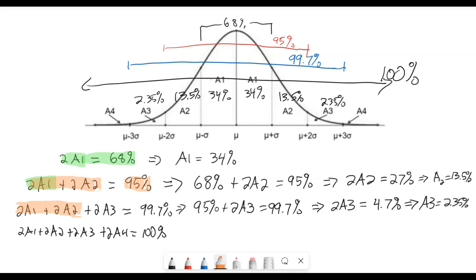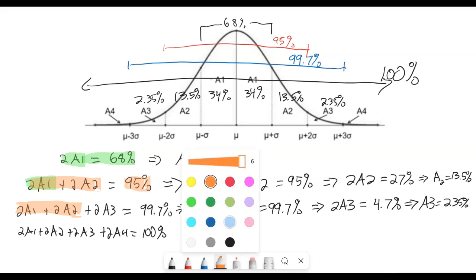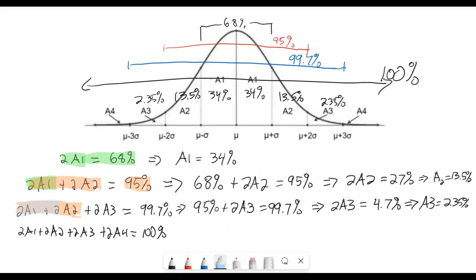And once again, we have a previous result. 2A1 plus 2A2 plus 2A3 is 99.7. So we can replace all of that with 99.7. And you'll start to see the pattern a lot easier as you do this 1 or 2 more times on your own.